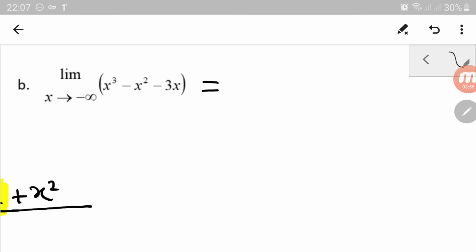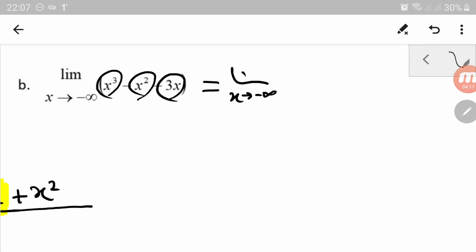But in this case there is no square root, so we are going to factorize the common term, the common x or common coefficient from each term. So limit x approaches minus infinity. What is the common term that we can take out from each one? We can take out x.